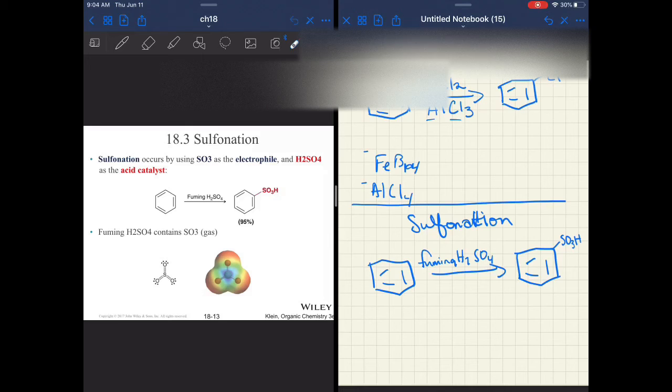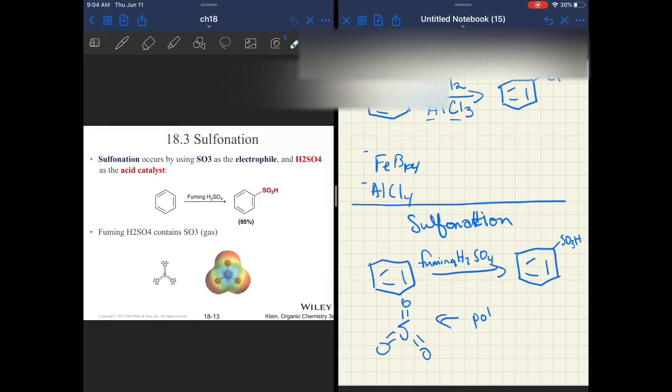You don't have to create the electrophile like you did in the last reaction. The fumes, when you have super concentrated H2SO4, and that's what fuming H2SO4 is, it's saturated sulfuric acid. This is what the fumes are actually made of, sulfur trioxide.